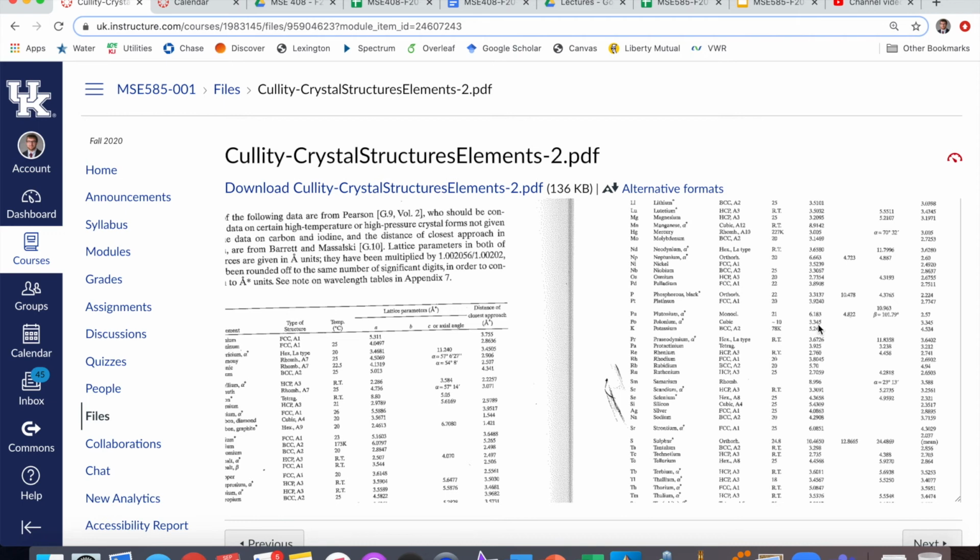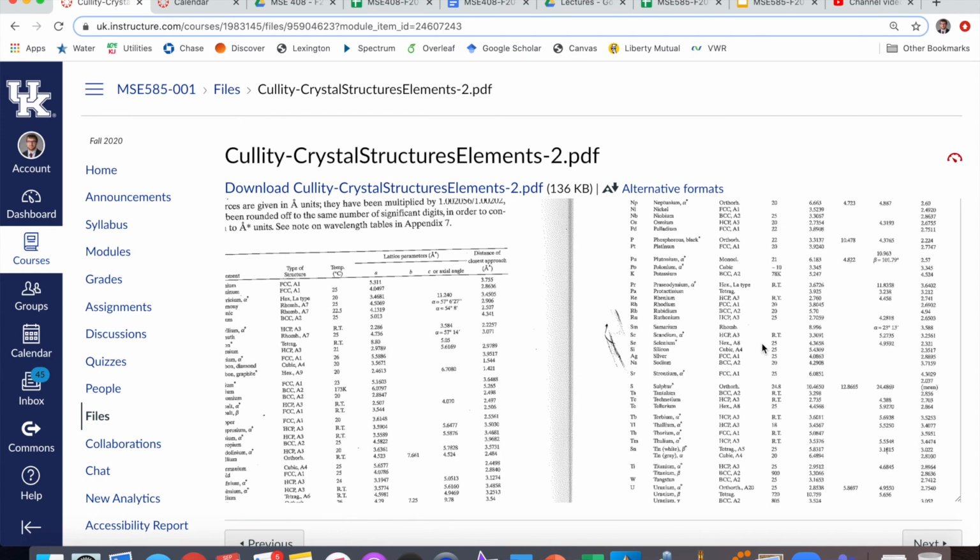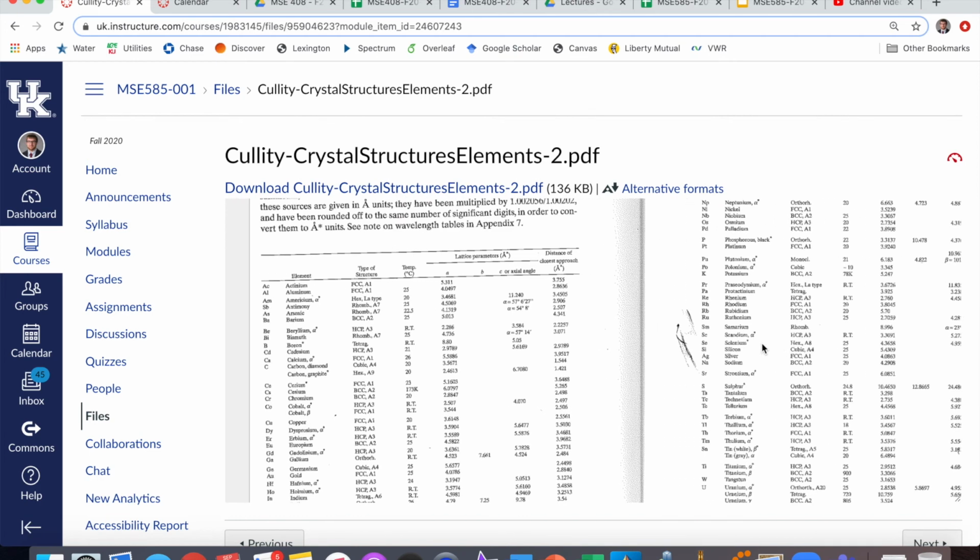So basically, since the only element that is simple cubic is polonium, its lattice parameter really doesn't match. We can safely say at this point that it's not polonium and it's not simple cubic if it is one of these elements. So we're going to instead shift our focus to BCC and look at only BCC elements and compare it to the 2.8665.